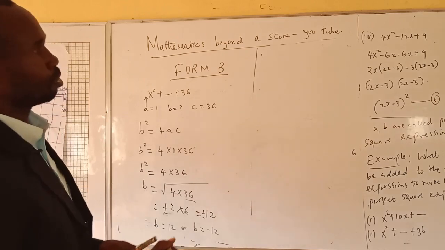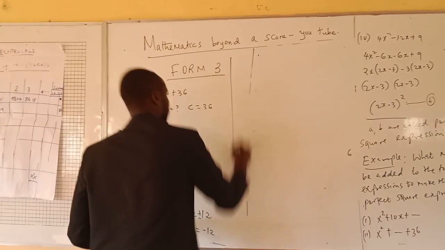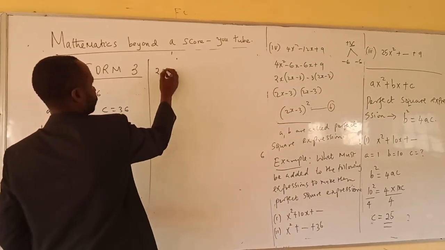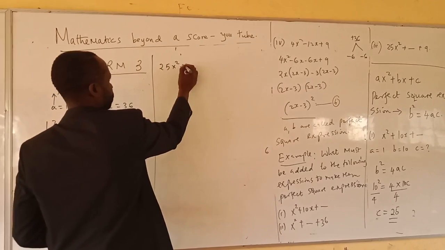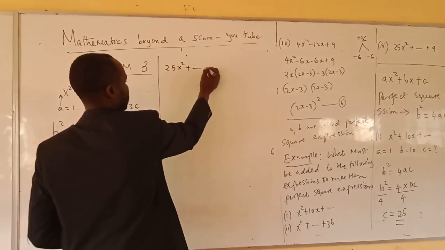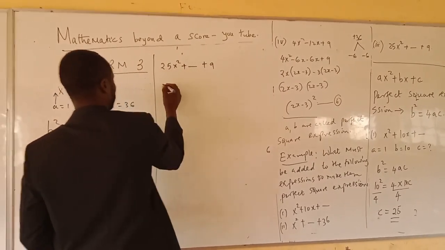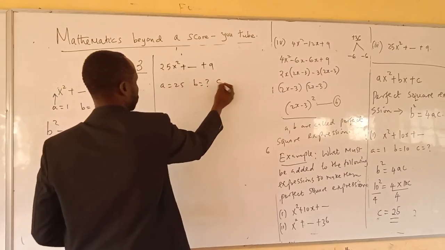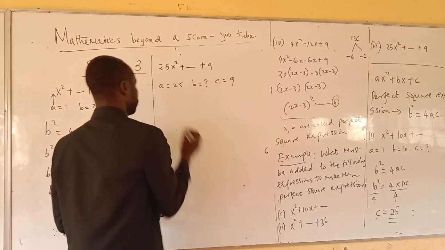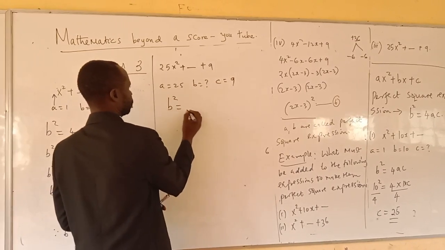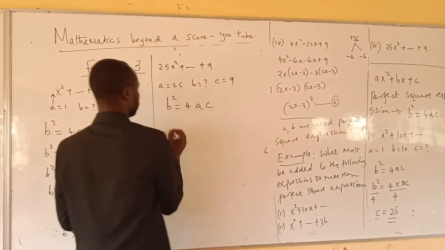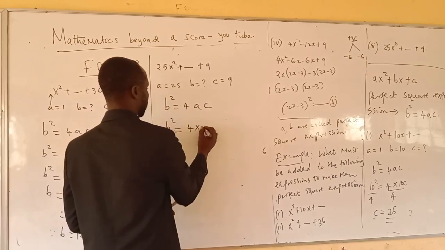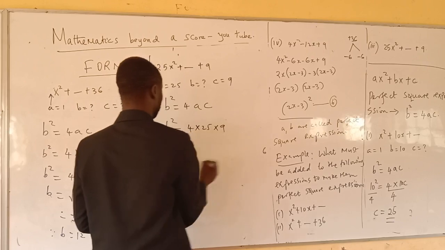I want to move on to the third one: 25x squared plus a dash plus 9. So A equals 25, B we don't know, C equals 9. b squared equals 4ac, so b squared equals 4 multiplied by 25 multiplied by 9.